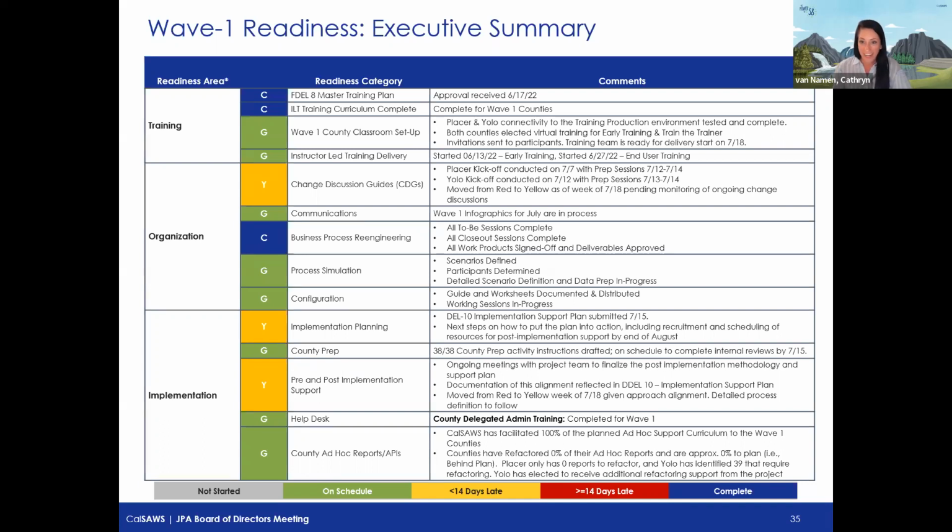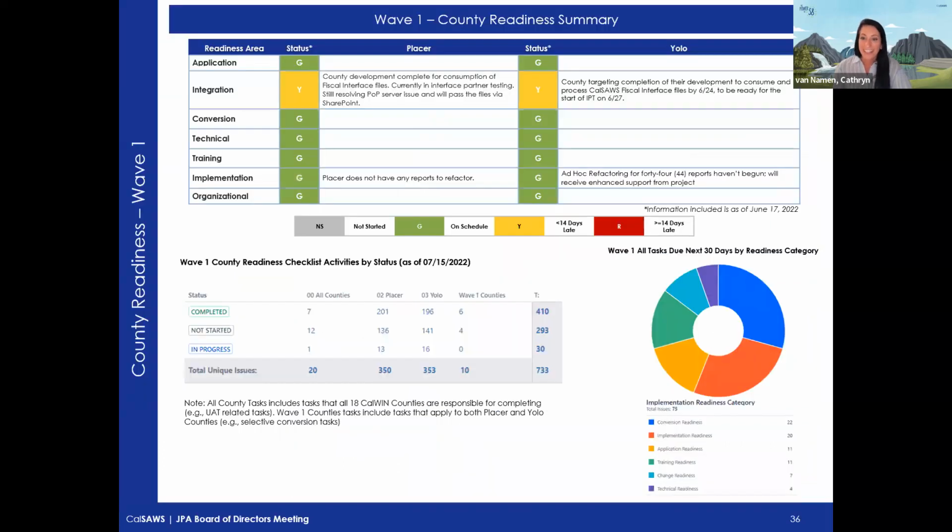All right, and now if we can please proceed one more slide forward. This right here is the overall Wave 1 county readiness summary. What you're seeing are the same readiness areas, and the status through the same color coordination legend, and then some items that we continue to track on behalf of county readiness.